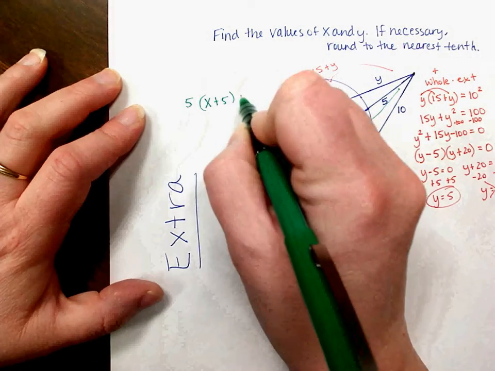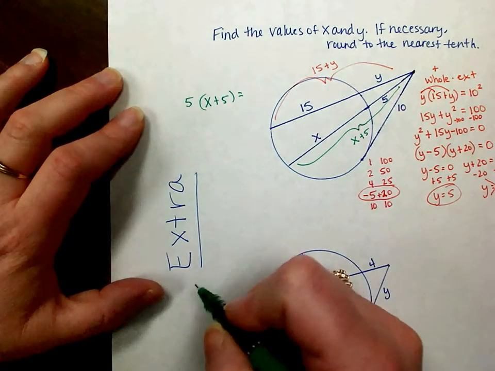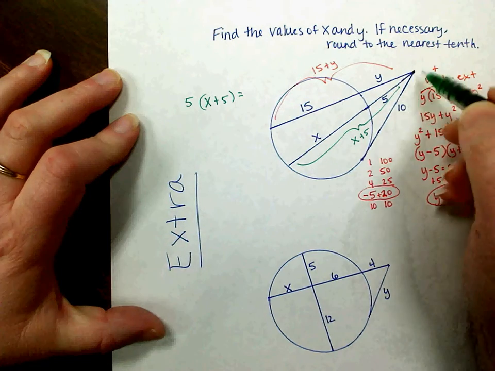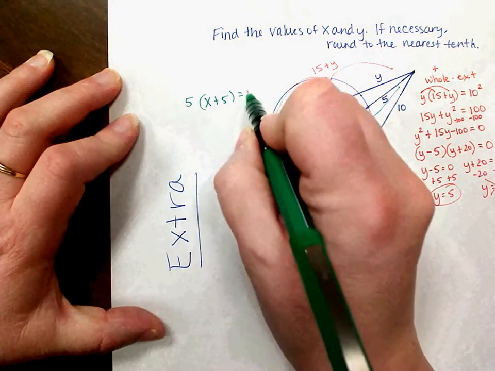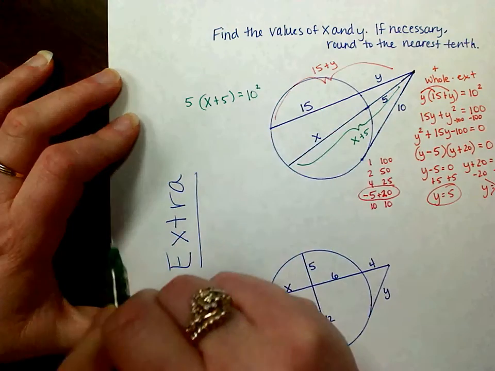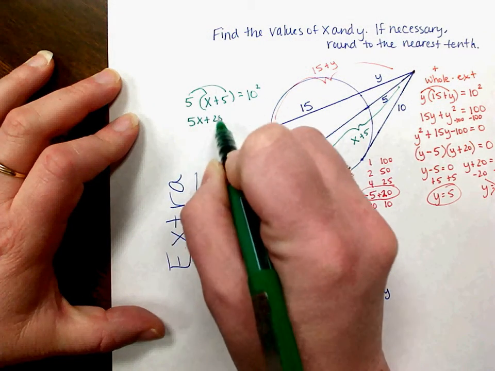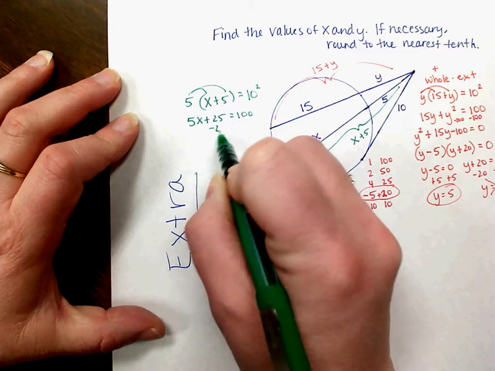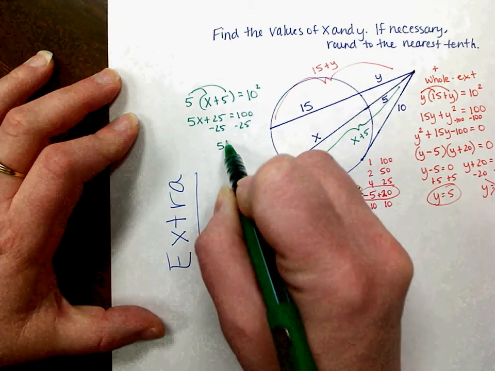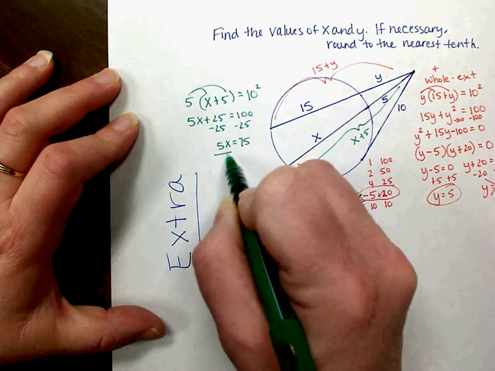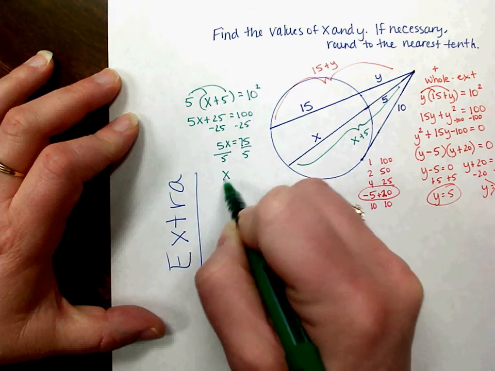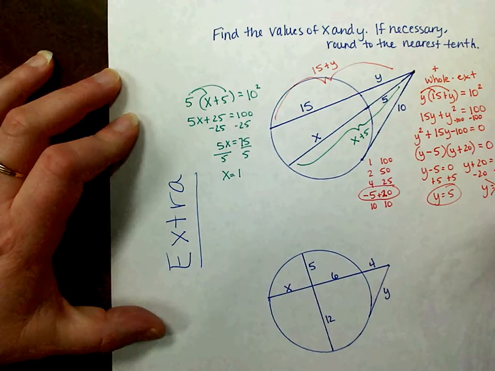Put that binomial in parentheses to remind you to distribute. The tangent, the whole length, times the external is again the 10 times itself, or 10 squared. So distributing the 5, you get 5x plus 25 equals 100. Subtracting 25 from both sides gives you 5x equals 75. And dividing both sides by 5 gives you x equals 15.